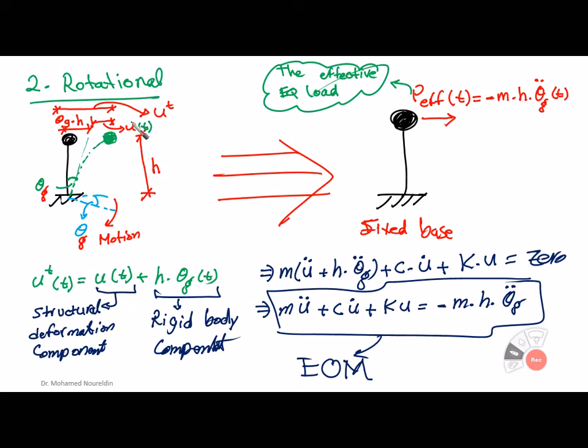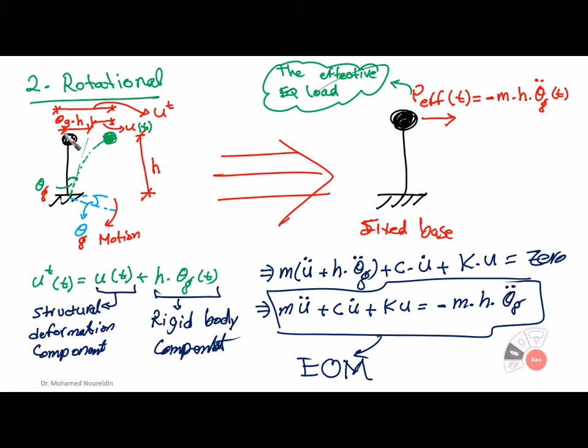We said that we have our system as a single degree of freedom system. There are two components here under the rotational motion. One is rigid body, which is something like this only, and the other one is due to the structure. Two components.